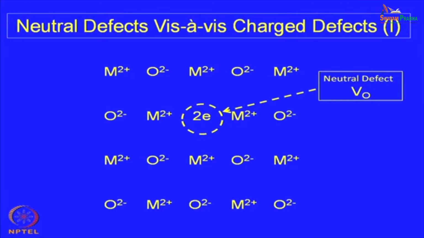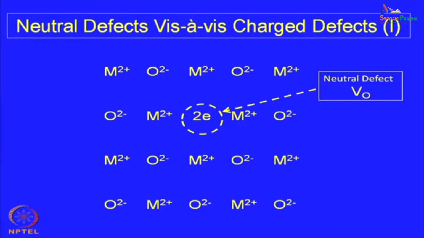In fact, when oxygen comes out of the lattice, it will come out in the form of an atom, not in the form of an ion. Only within the lattice does it have a charge component. So, when it is coming out of the lattice, it may release the 2 electrons associated with it at the site where it was originally sitting.